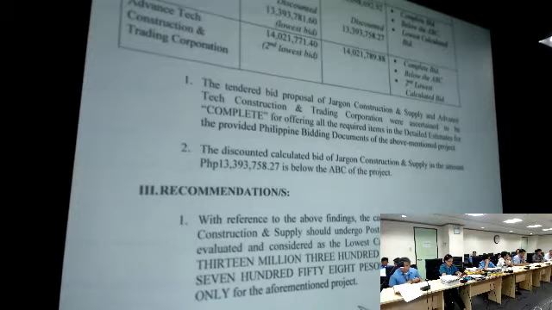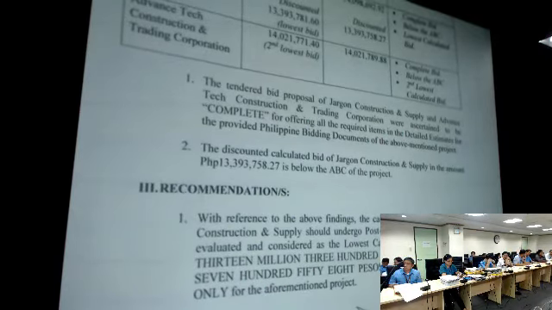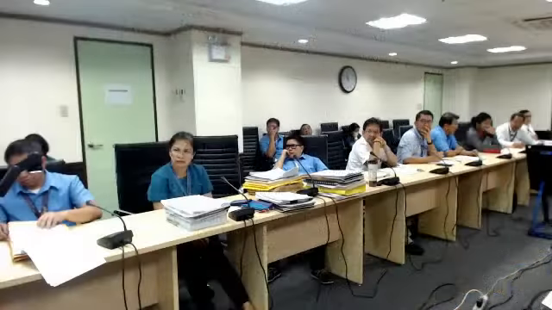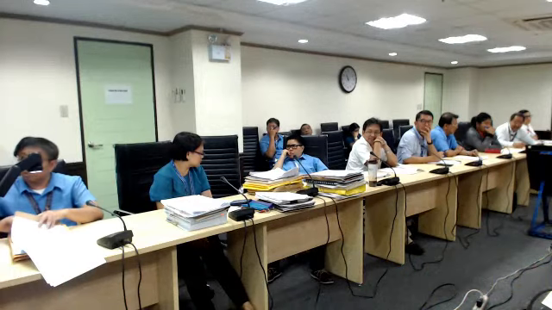Mr. Chair, for clarity purposes, I would suggest, kasi ang tingin ko yung 13,393,781.6 is not indicated in the bid. Okay? Kumbaga computation lang yan ng TWG, if I'm not mistaken.